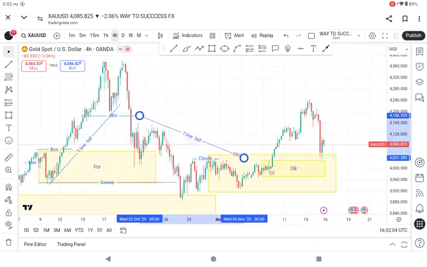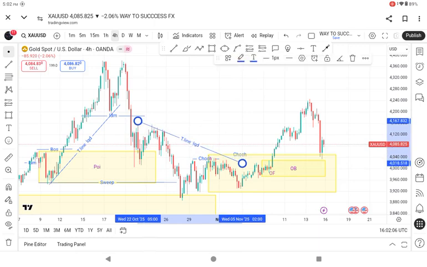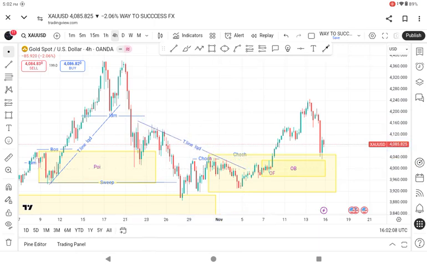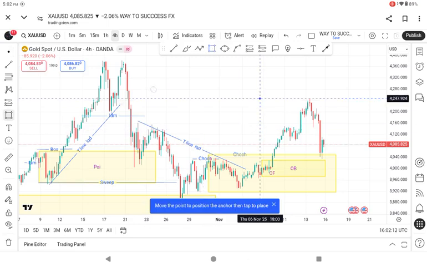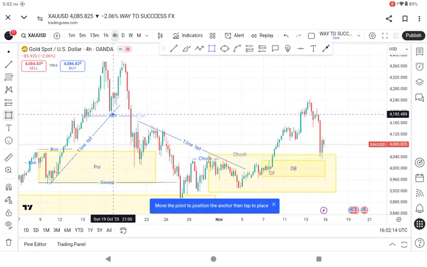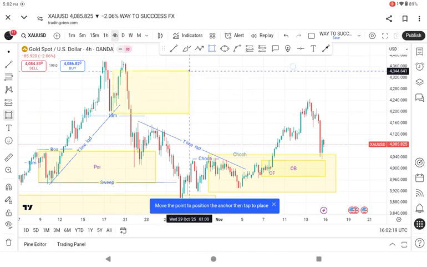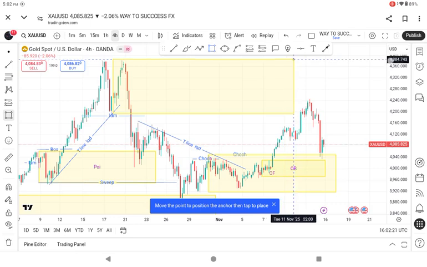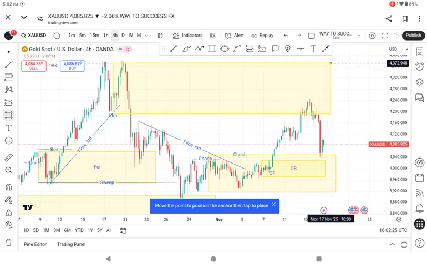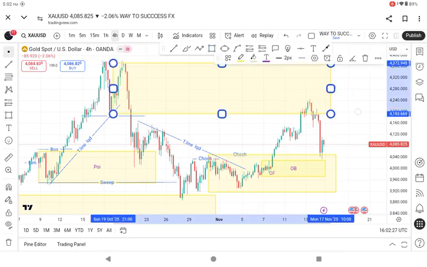Trend line liquidity. And price traded up, taking the trend line liquidity, and reacted at this unmitigated order flow, or you can call it mitigation block, anything. But for me, it is order flow.